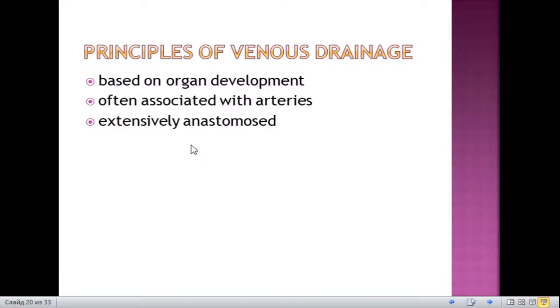So remember please, when I told you about arterial anastomosis, so where do we have this arterial anastomosis? We have this anastomosis at the borders between the arterial basins.